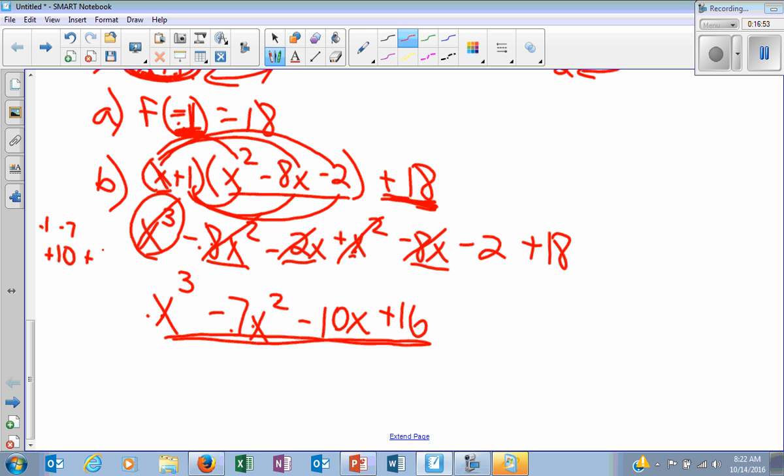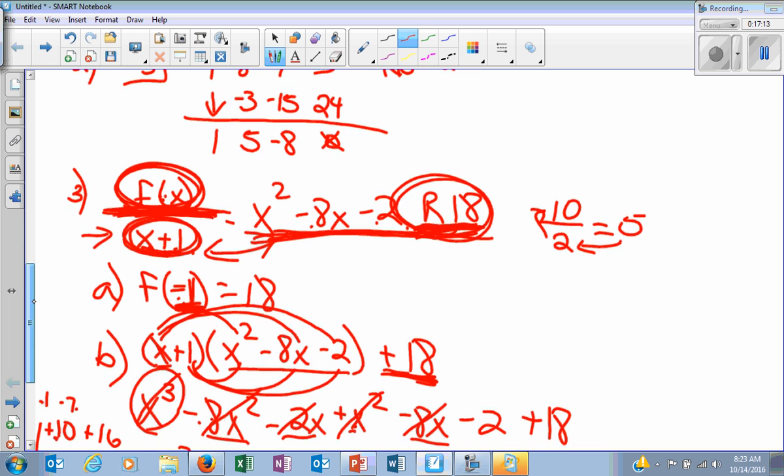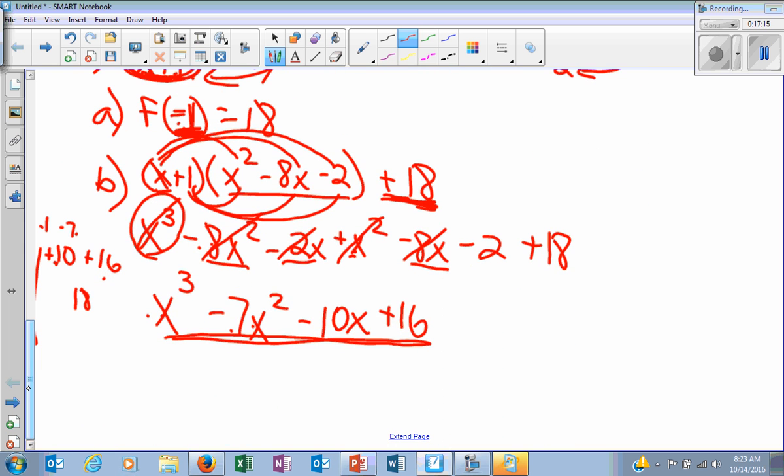And plus 16, yes? Negative 1 and negative 7 is negative 8. Negative 8 and a positive 10 is 2. 2 plus 16 is 18. Isn't that what I said should happen if I did this correctly? That's the remainder theorem there. Yes? Okay.